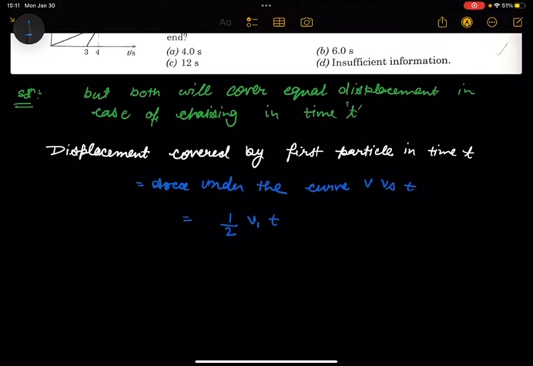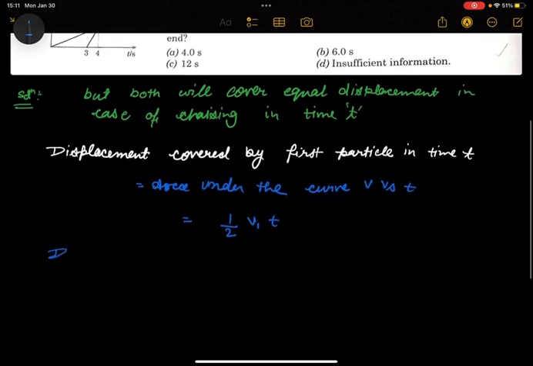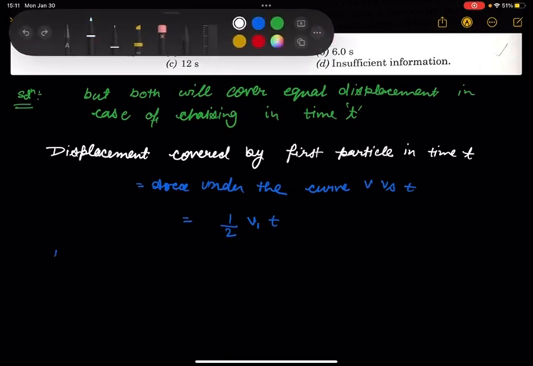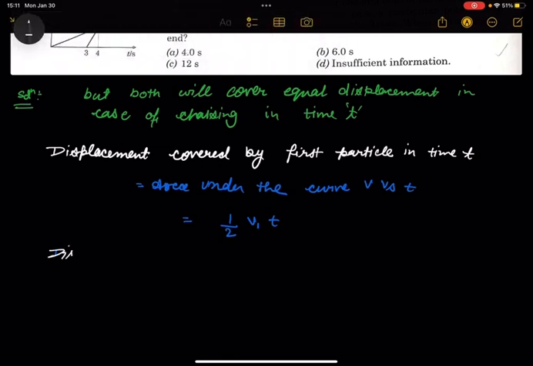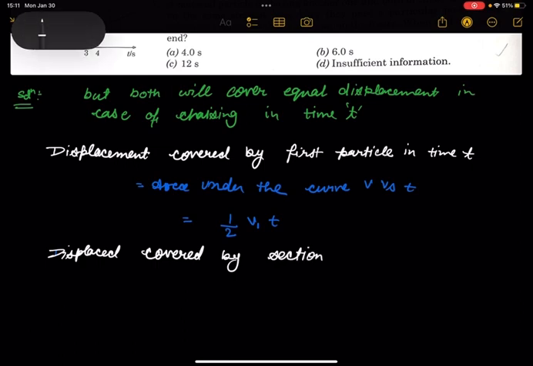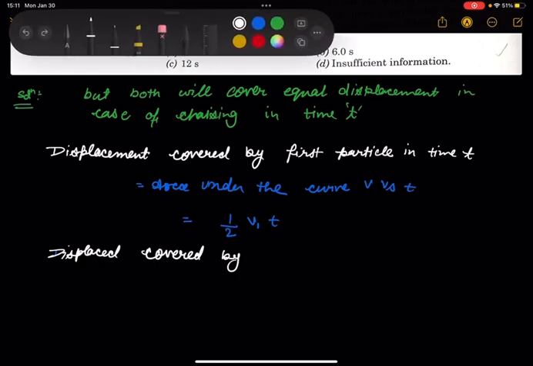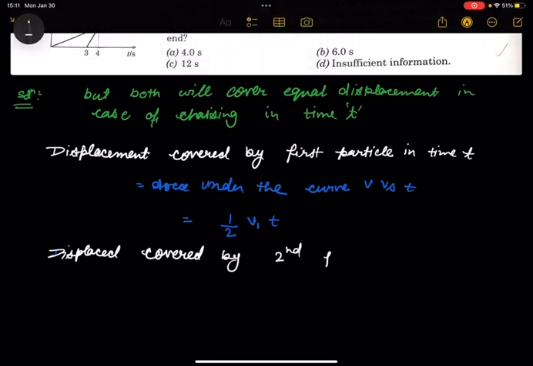The second way is, I'm talking about the displacement covered by the second particle in time t.